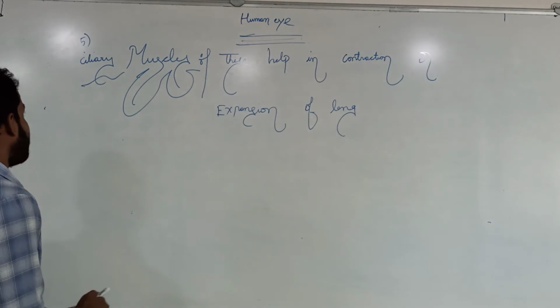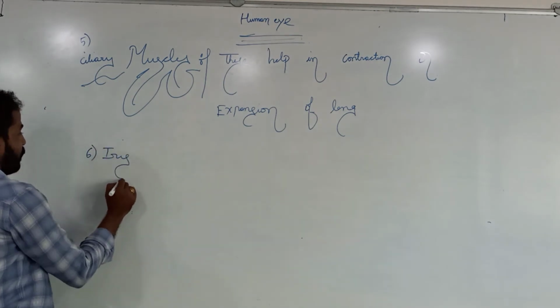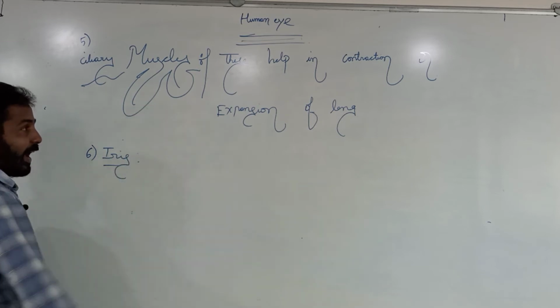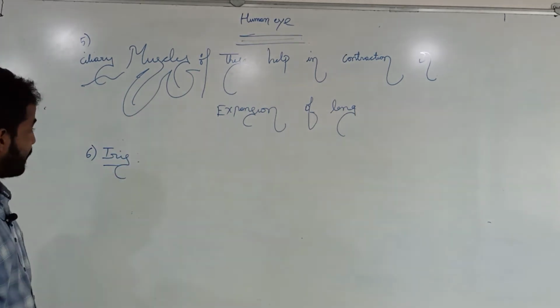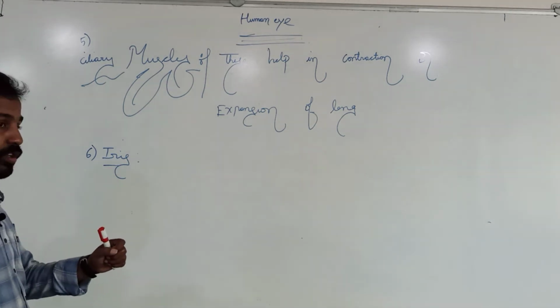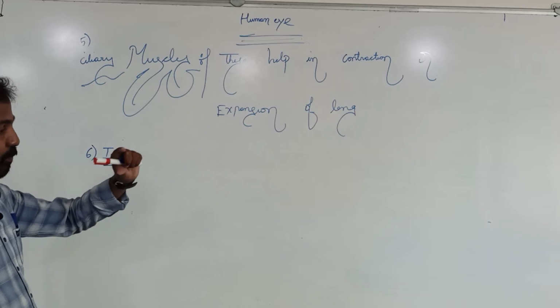So the next one is iris. If I am talking about iris, what is the function of iris? The main function of iris is to contract or expand the pupil.